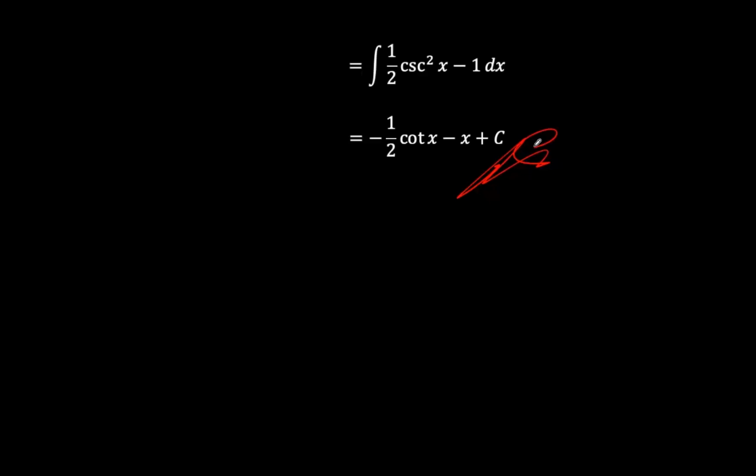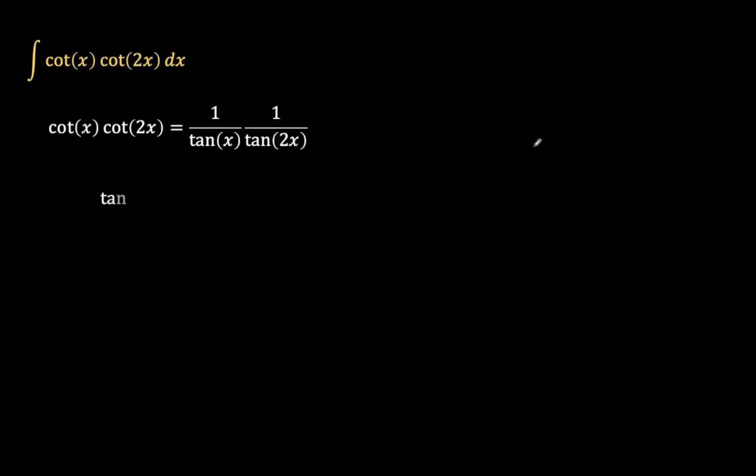There's another way of looking at this problem, by expressing cotangent x and cotangent 2x in form of tangent x and tangent 2x respectively. So of course cotangent x times cotangent 2x is the same as 1 over tan x times 1 over tan 2x. Then we know that tan 2x is the same as twice tan x over 1 minus tan squared x.